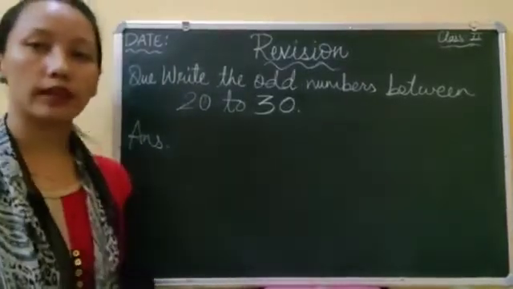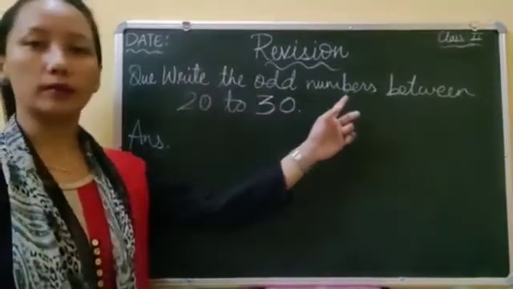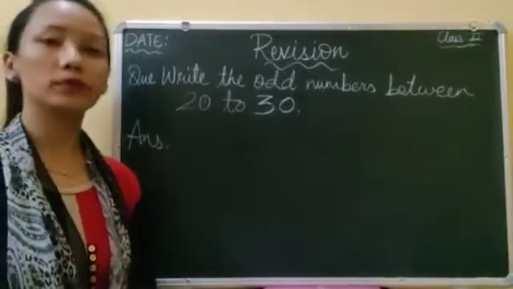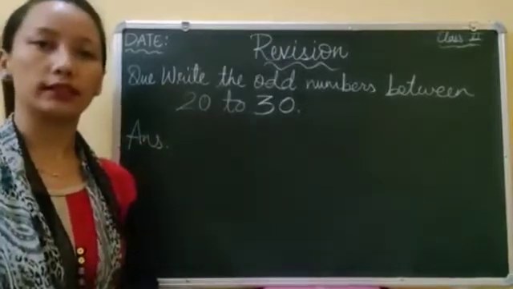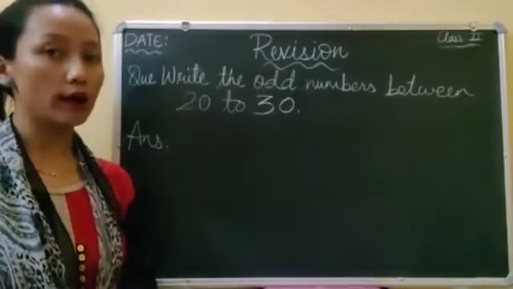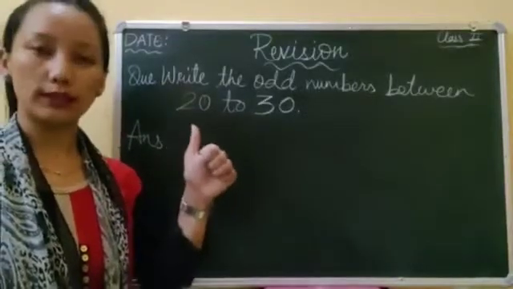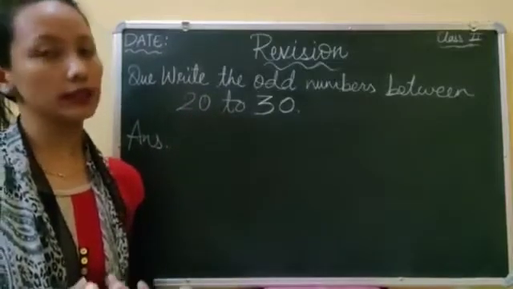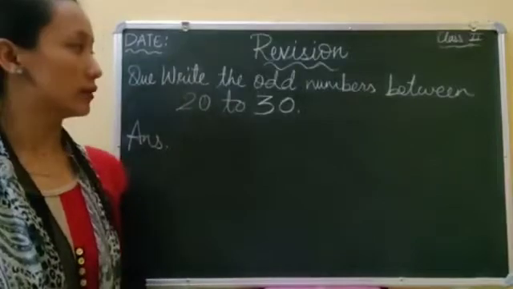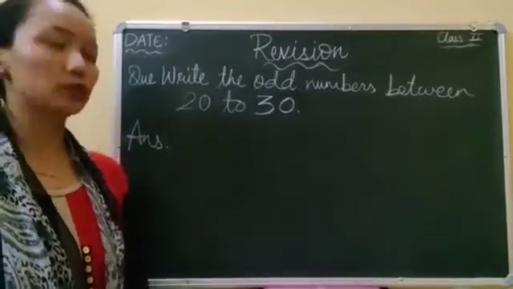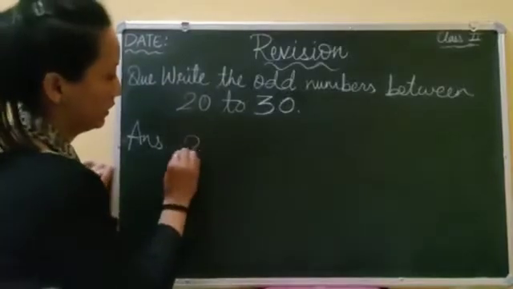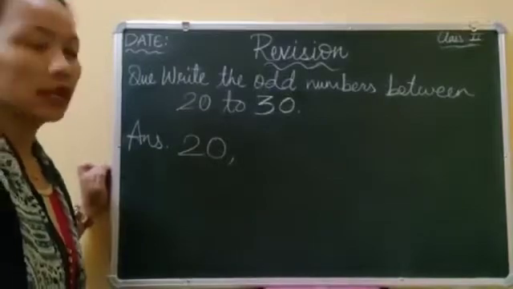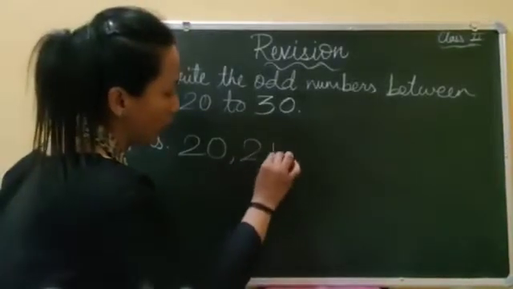Okay. Now next, write the odd numbers between 20 to 30. Okay students? As you know, odd numbers end with 1, 3, 5, 7 and 9. Right? So let's write the odd numbers between 20 to 30. Now tell me, after 20, the odd number will be? Yes, 21.